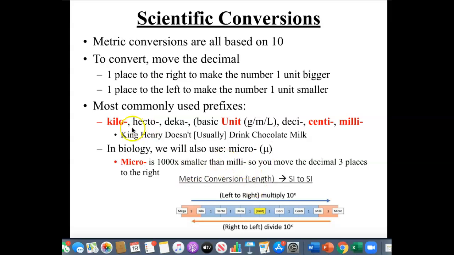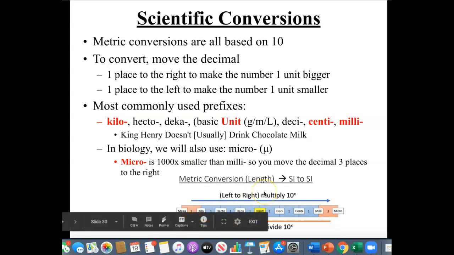So whenever you're using this metric conversion, we're talking about moving the decimal over. If we're going from kilo to deca, for example, then I'm moving my decimal over 2 places to the right. That's the same thing as saying multiply by 10, multiply by 10 again. So notice the blue arrow goes this way.